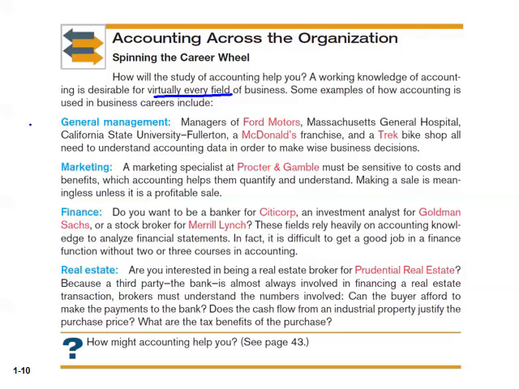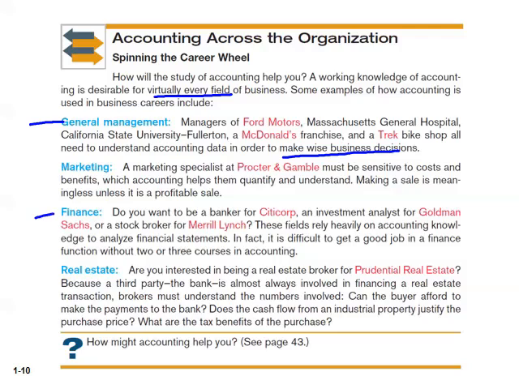So, for example, if you're in general management, you need to understand accounting data in order to make good business decisions. If you're in marketing, we need to know what prices we should set. What are the costs, if we're making money on a certain product?